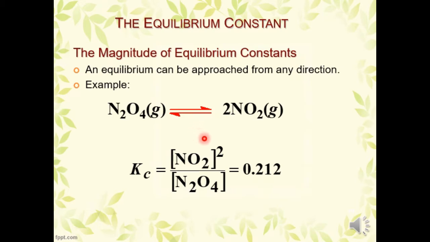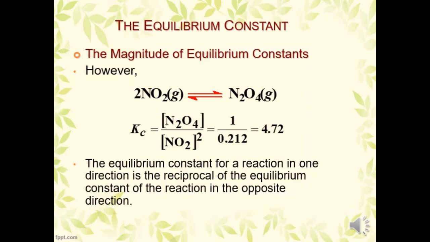Okay, so this is the Kc, the equilibrium constant for decomposition of dinitrogen tetroxide to nitrogen dioxide. The value experimentally is 0.212, the ratio of product to reactant.